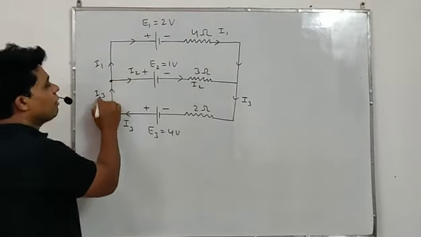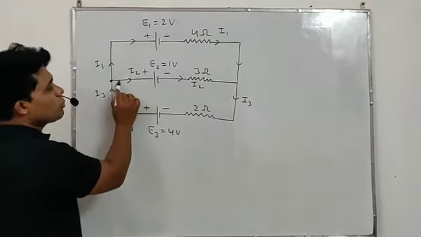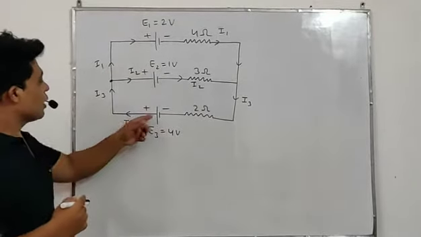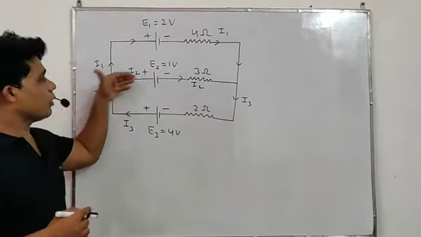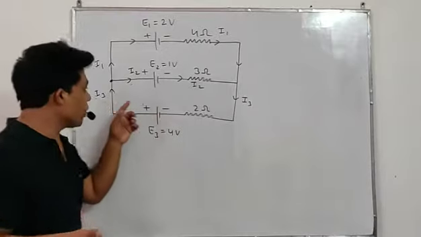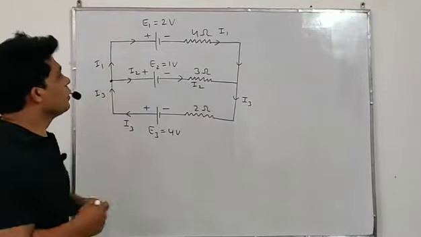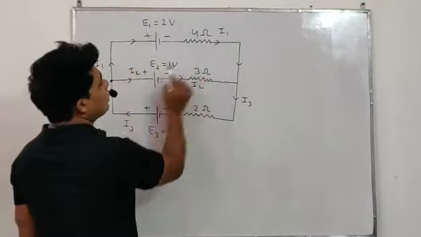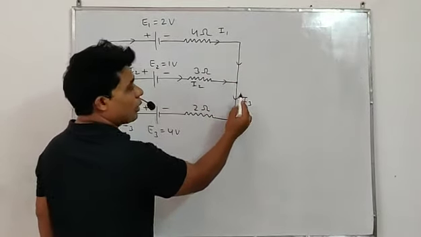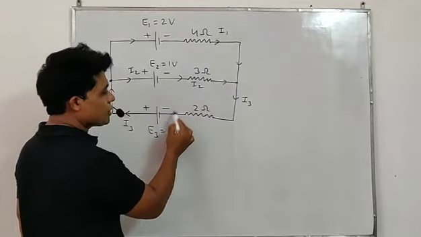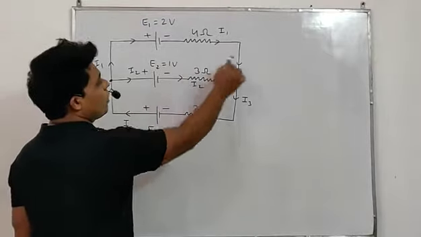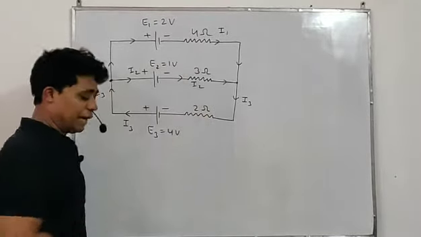At this junction, I3 will divide in two parts: in E2's branch we'll assume I2, and in E1's branch we'll assume I1. I1 comes from that side, I2 is coming from this side. Again, both will add at this point, and here the current will come as I3. So I3 completes its circuit by two different ways, from positive terminals to negative.